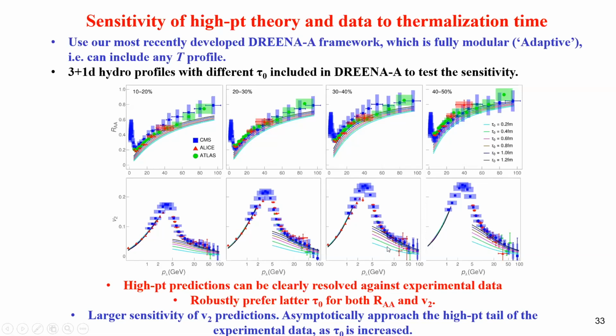And this is the reason why we propose this high PT QGP tomography. That is why we say we have to use both low PT and high PT to constrain the properties of the QGP. We can first use low PT and try to constrain the parameters as much as possible.